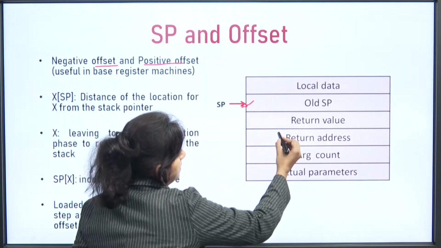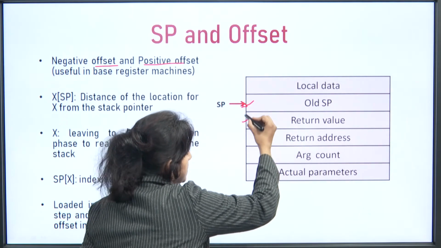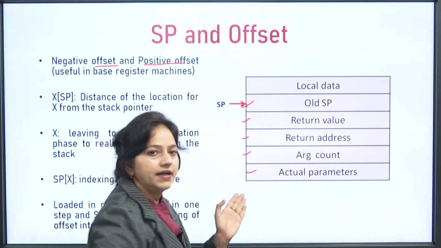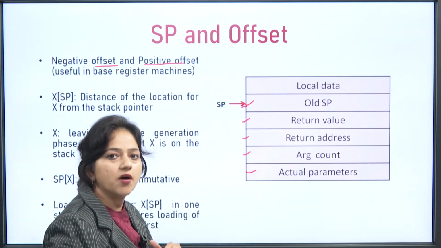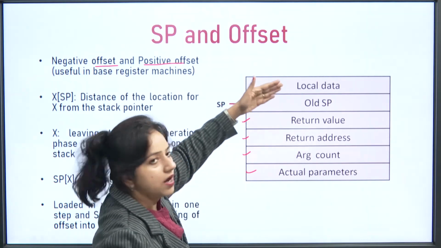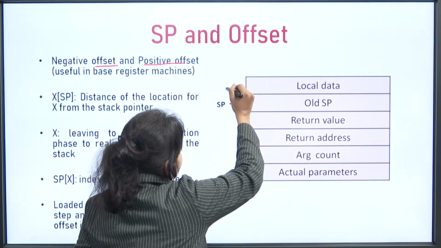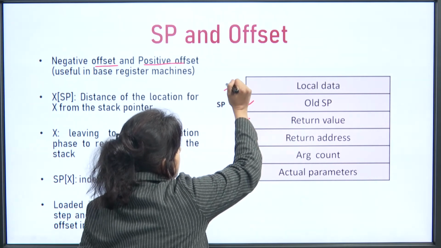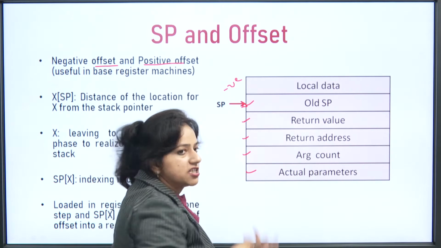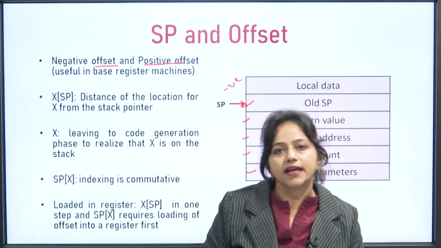If we want to get the return value, then we can increase the index and fetch all relative indices. Now, if we want to fetch the local data, in that case we have to decrease the offset. So, here we will be fetching the local data through a negative offset.